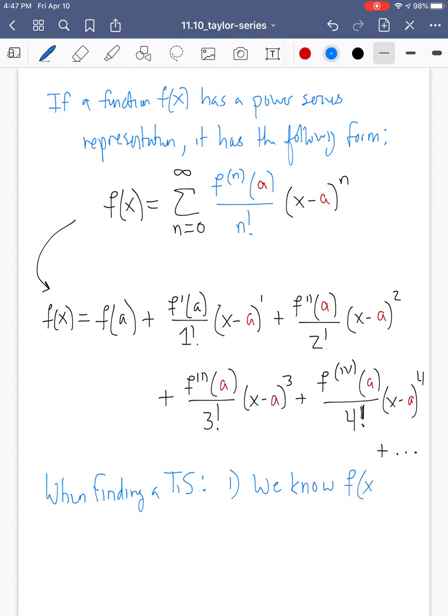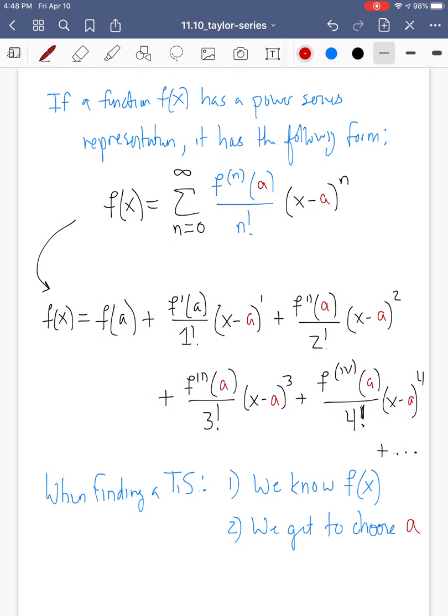So we know f of x. So we can take any derivative of f of x that we want. The first derivative, third derivative, 10th derivative. We know that function. We can think of that like sine or cosine or the exponential. The other thing we get to choose is a, where we're centering that power series.